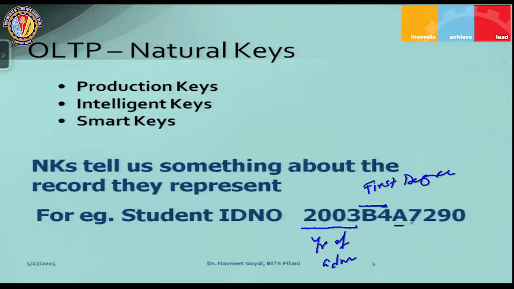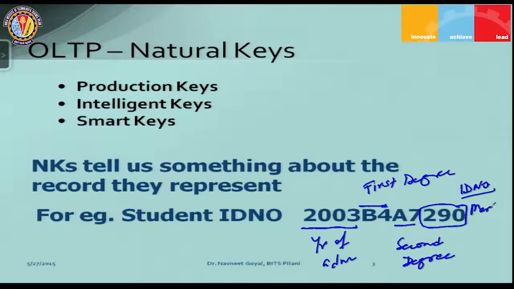A7 is the second degree, so we have this concept of dual degree. And this 290 is the last 3 digits of the ID number, and this is related to the merit position at the time of admission.